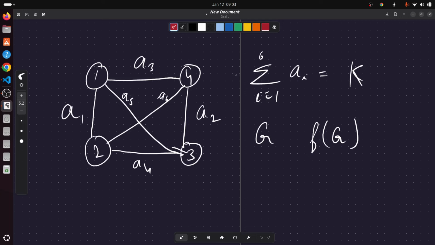So let's first think about what the different possibilities for a cycle are. Let me just increase the font size here.